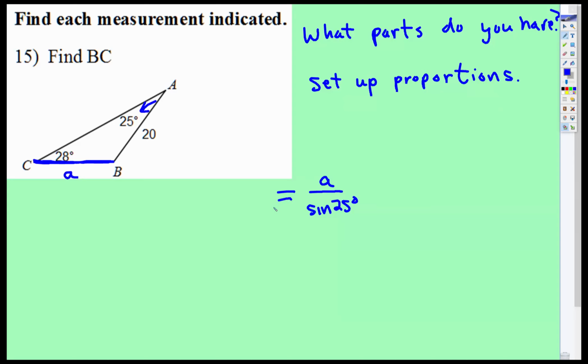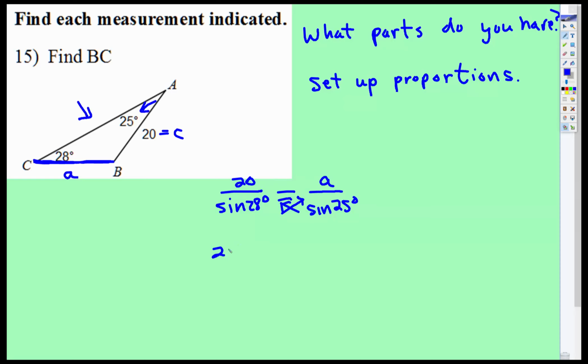Now, we don't know the B value, but we do know both angle C and side C. So we can say side C, which is 20, over the sine of 28 degrees, and we can cross multiply to solve.